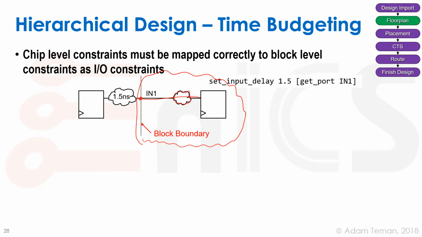But since we don't know what our actual frequency is, often we assume that there's some sort of flip-flop living outside the chip here, and that it has some amount of time it can consume over here until we go into the chip. We do that with an interface constraint such as a set input delay, and that was what we knew before.